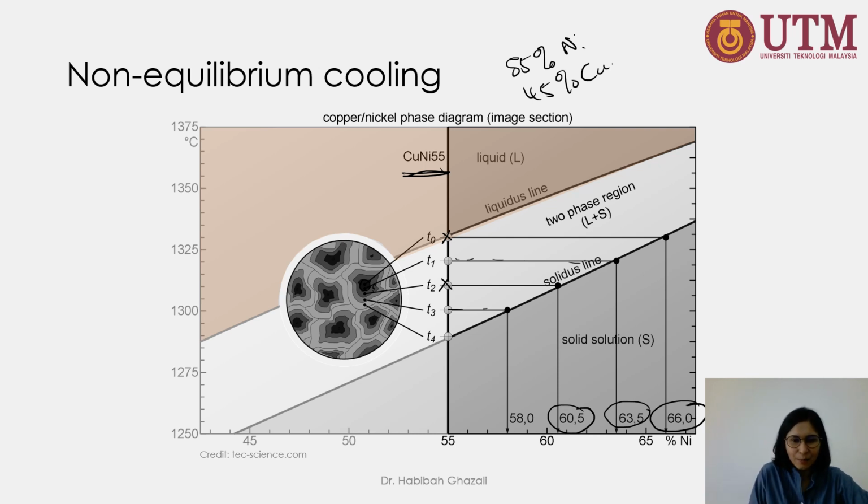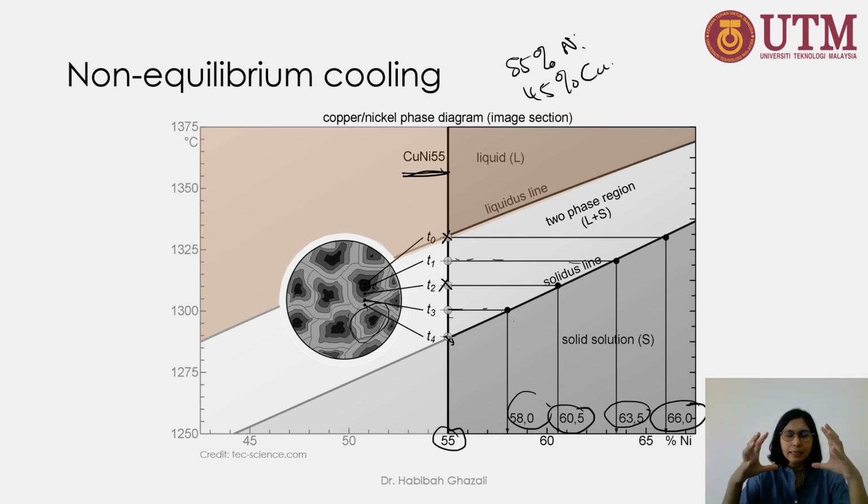Then at this temperature the fourth layer consists of 58, and in the end, at this temperature, the outer layer consists of 55% nickel.